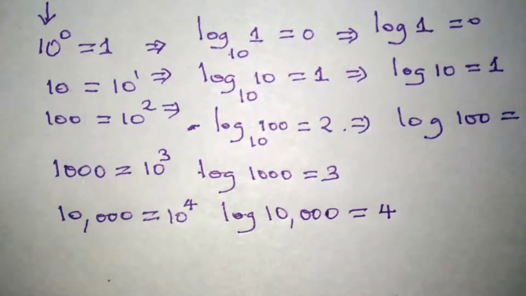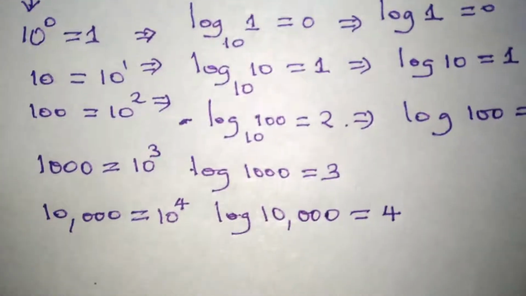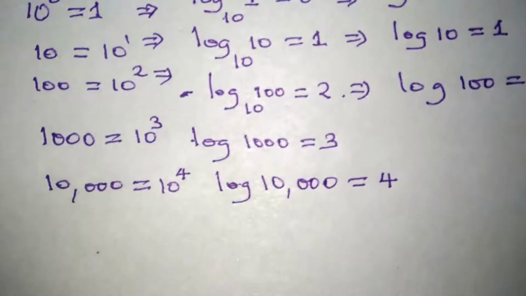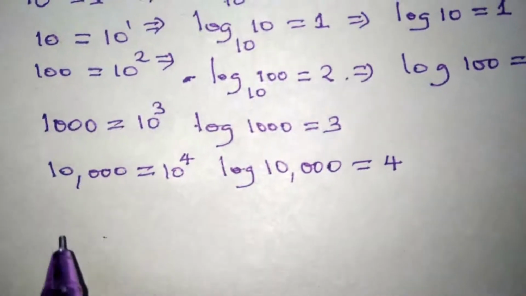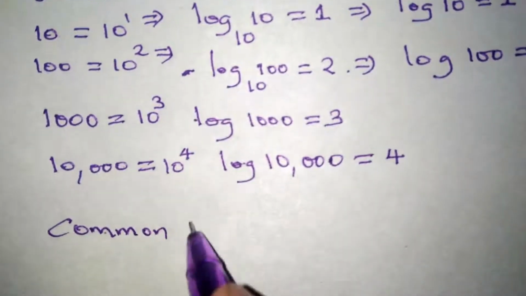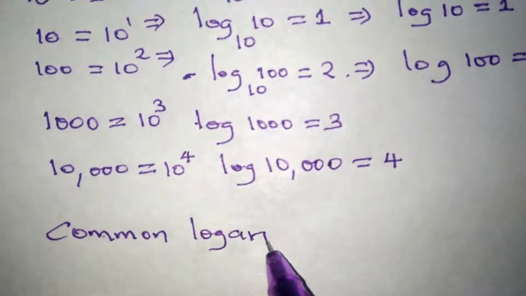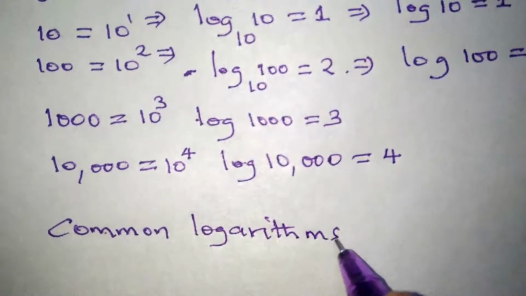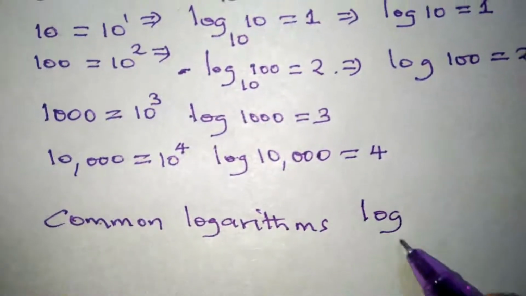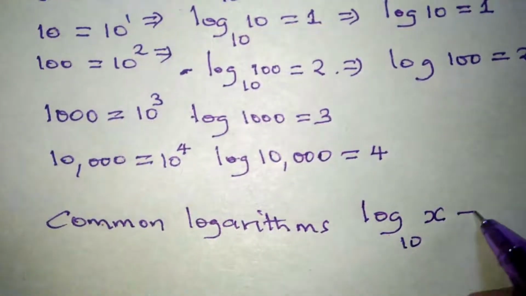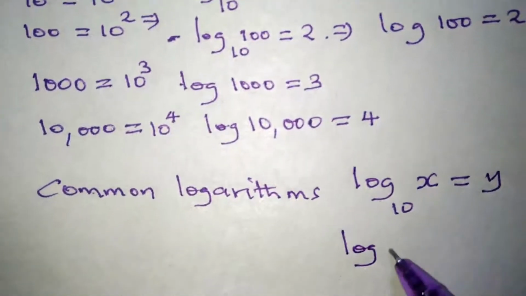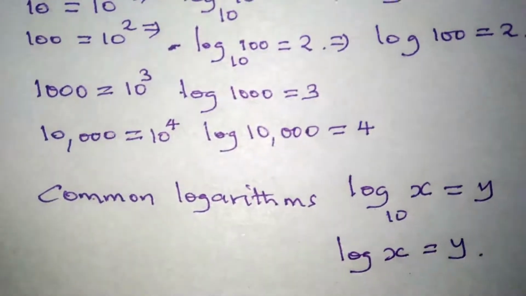Now again, I said we don't have to write the base because for sure we are dealing with the logs to base 10. Now why is that? It is because the log to base 10, which are actually called the common logarithms or the common logs, are already known to be logarithm to base 10 of any number should be written simply as log, in this case of x, is equal to y.